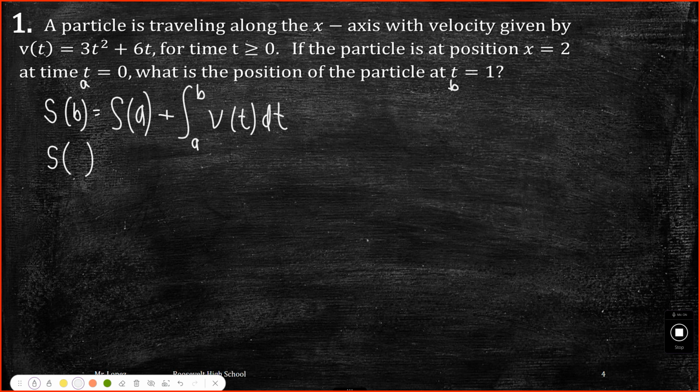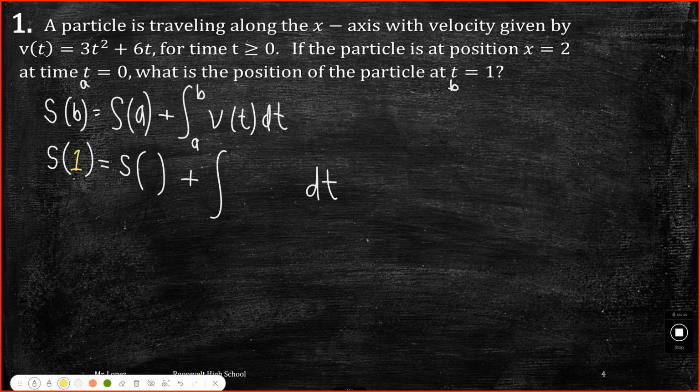We're trying to find what is the position of the particle at t equal to 1. So what do we plug in for B?